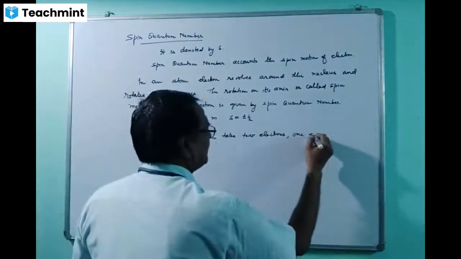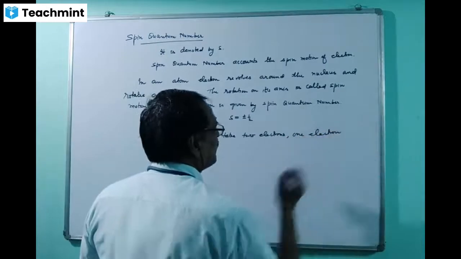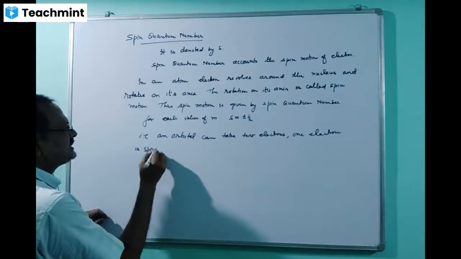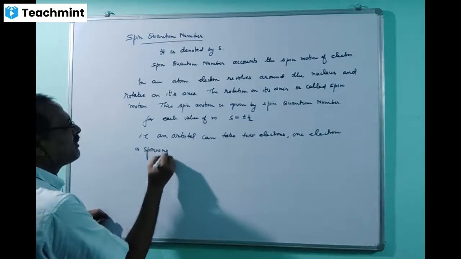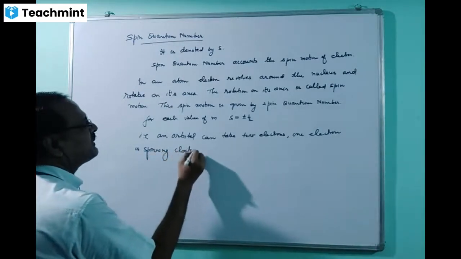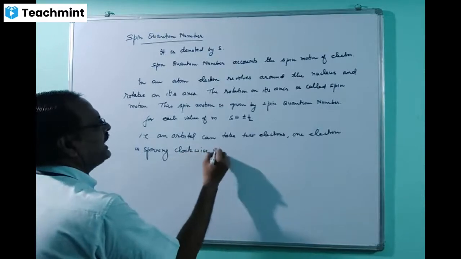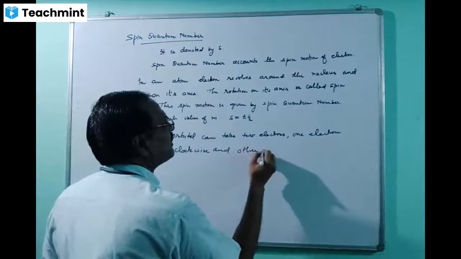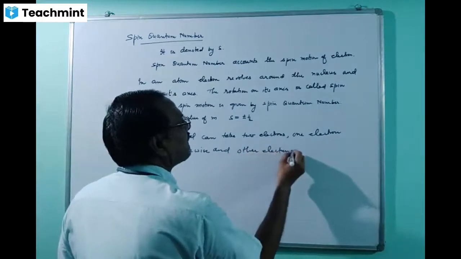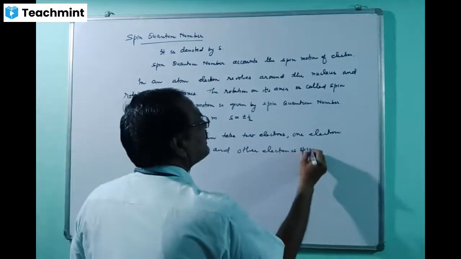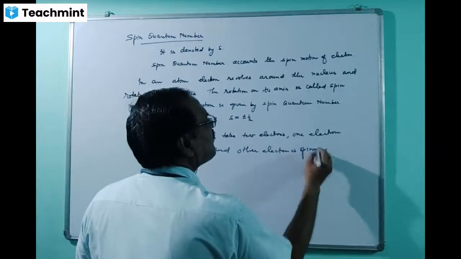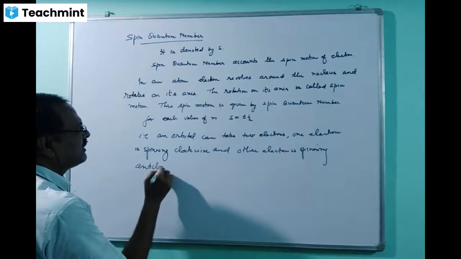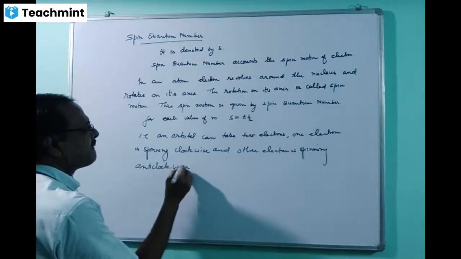One electron is spinning clockwise and the other electron is spinning anti-clockwise.